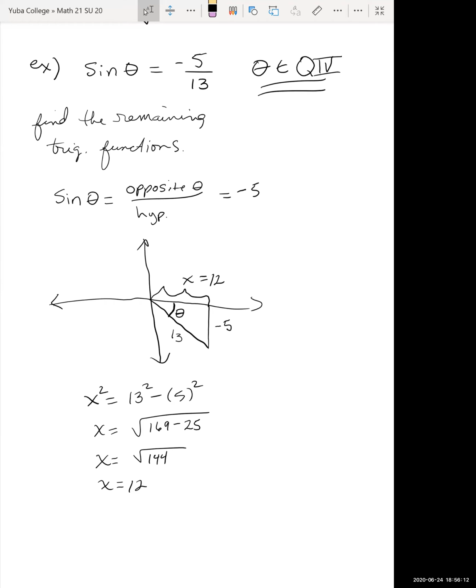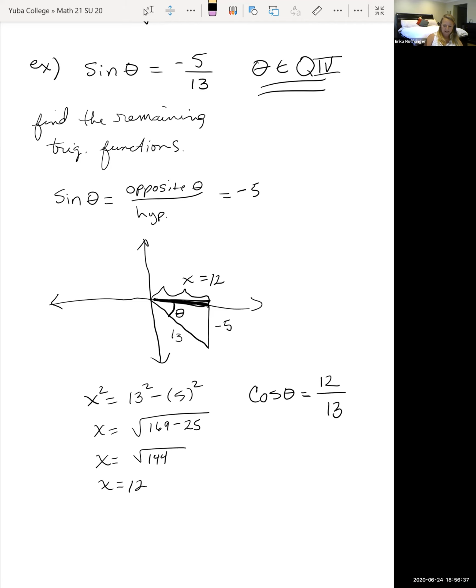So here you don't use the Pythagorean theorem. We did to figure out what this side was, because we were given 2 sides. We knew 2 sides or lengths of the triangle, but we didn't know one. And so now we would say, okay, well, cosine then of theta. Well, that's adjacent, which is 12, all over hypotenuse, which is 13.